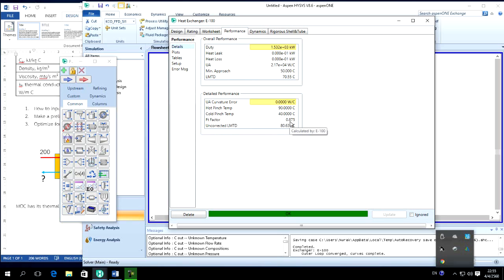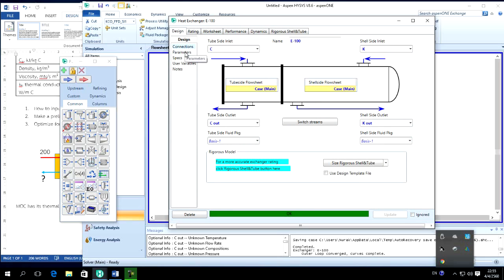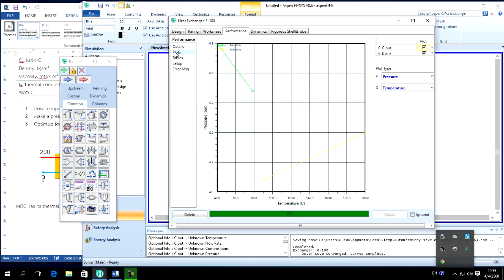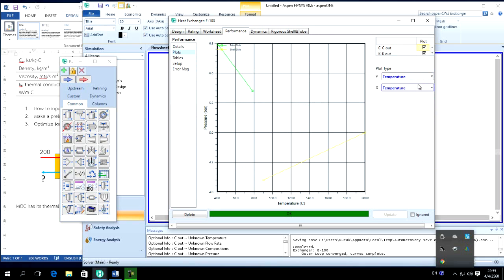It seems okay to get 0.875 under a 1, 2 shell and tube heat exchanger. So check again on the temperature and heat flow plot.